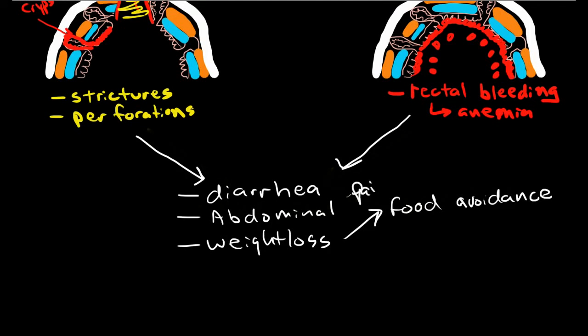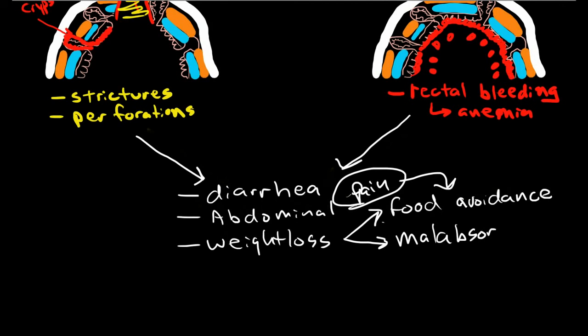So that can cause food avoidance, which can cause weight loss. The weight loss may also be due to malabsorption because of the inflammation of the gastric mucosa interfering with absorption.